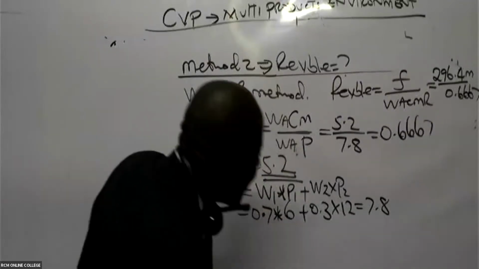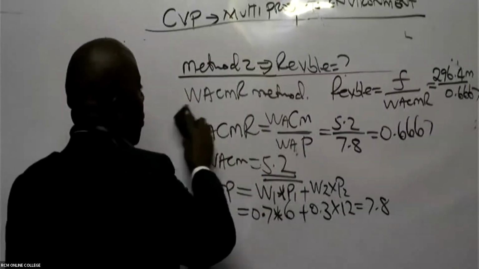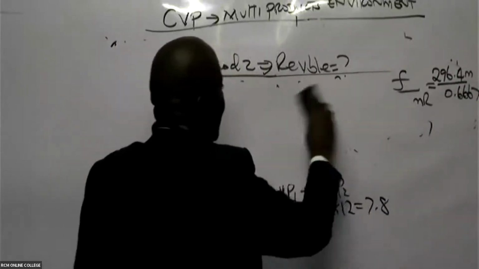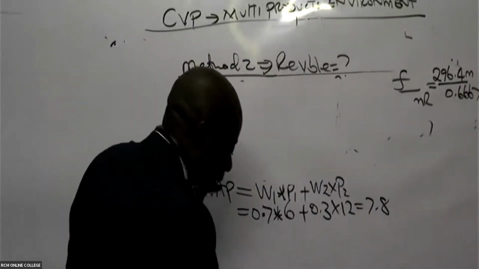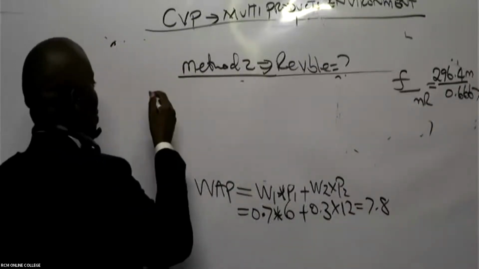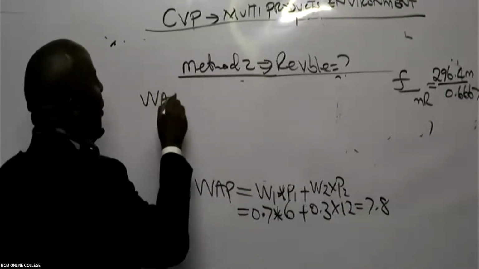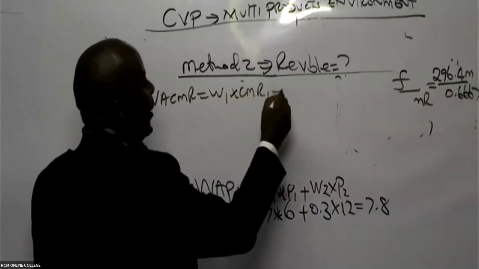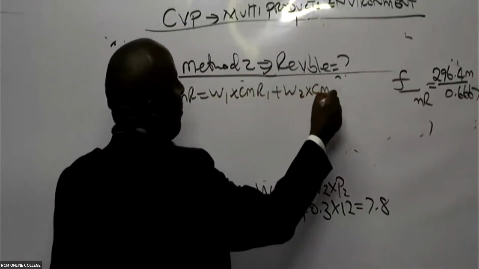The biggest mistake that my students will always make, and that costs them, is this. If you do it this way, then you are not a scholar. You'll get somebody saying that WACMR equals weight 1 times CMR 1 plus weight 2 times CMR 2.